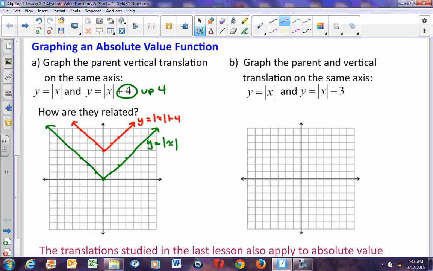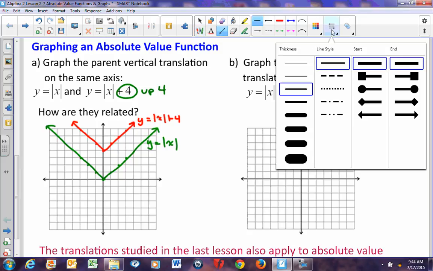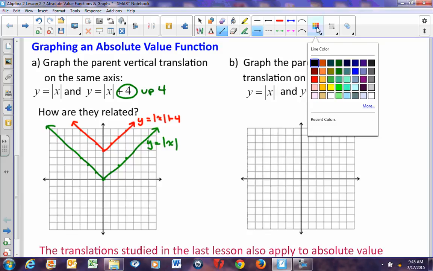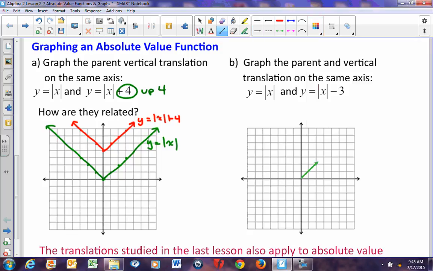If I was to graph again, y equals absolute value of x. Let's see if I can draw a better line here. There we go, it's much better. Absolute value graph, a little straighter.